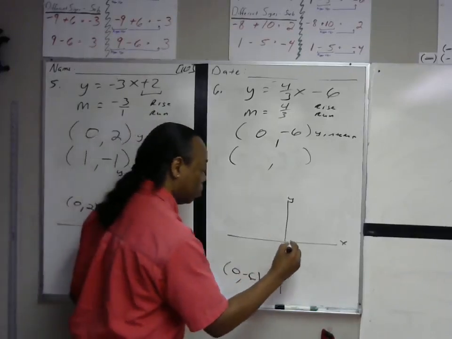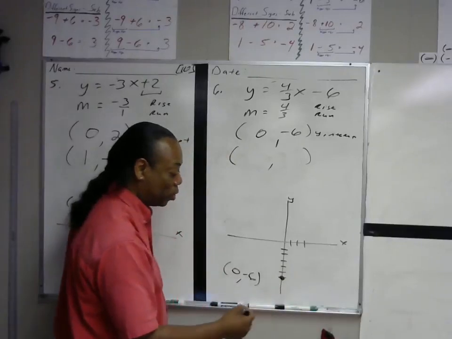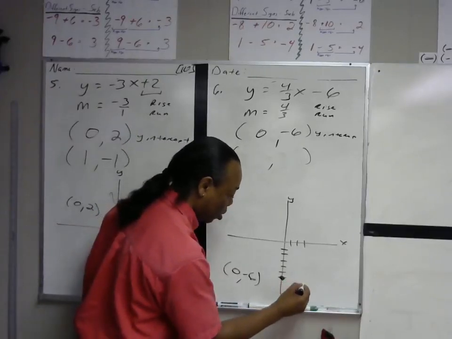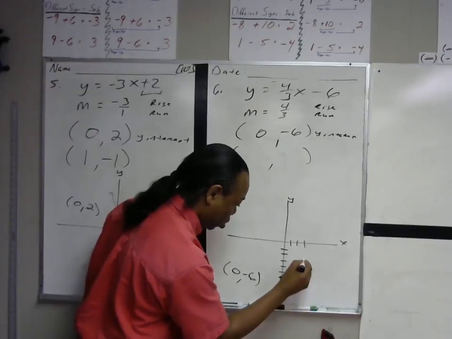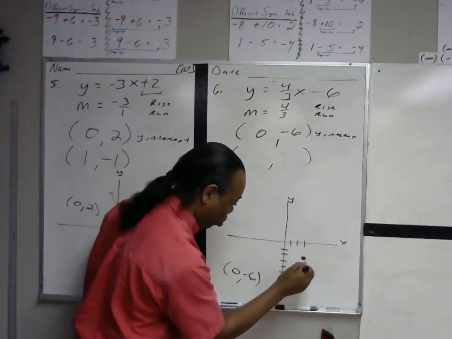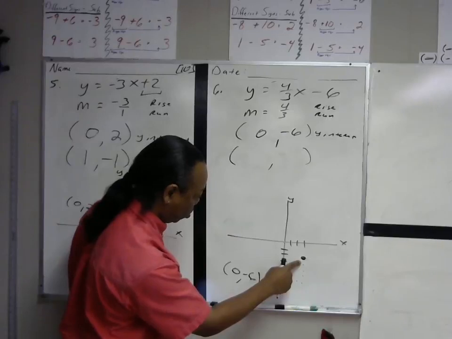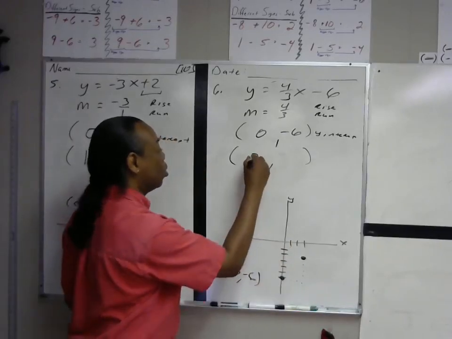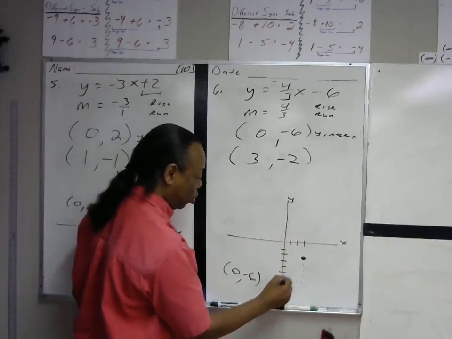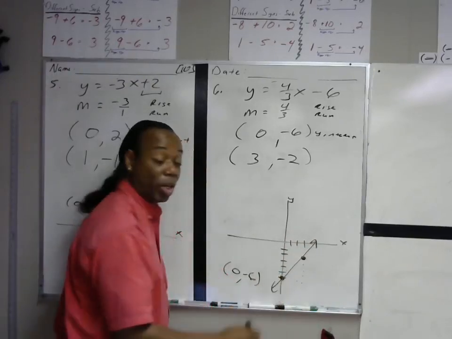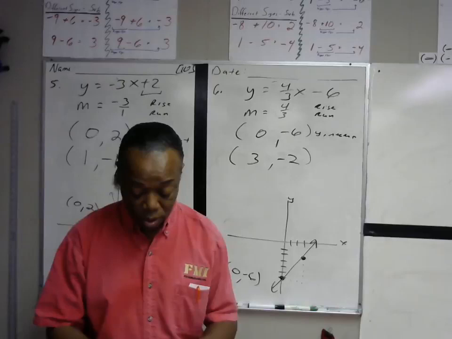I like running first. Your end point will end up being 3, -2. That one right there. Yeah, you're right. 3, -2 is very good. Draw your line, and we're done. Good job.